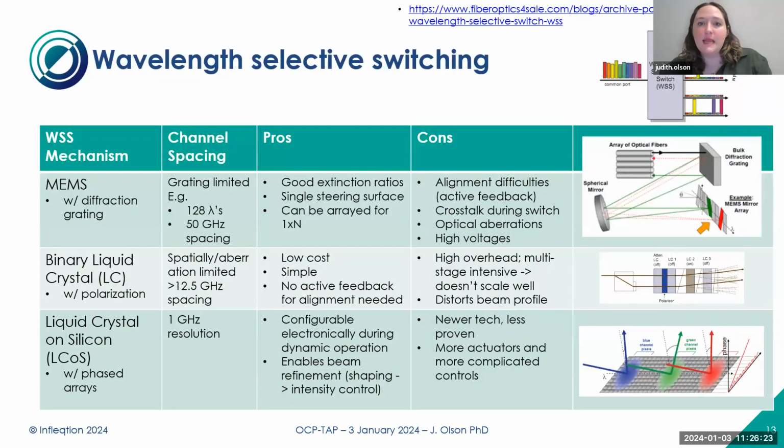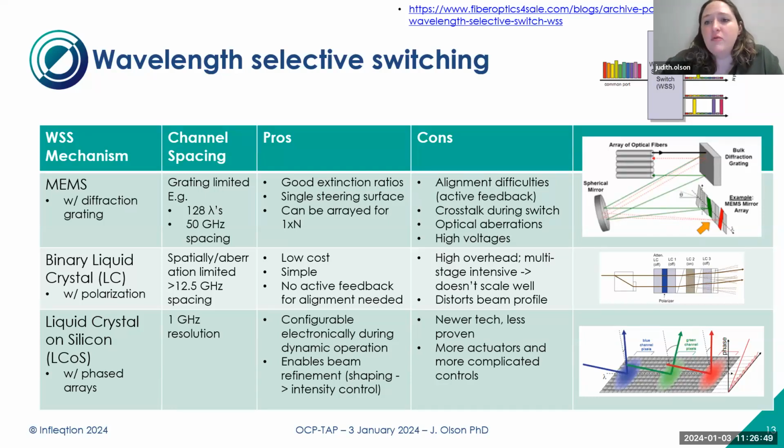So the wavelength selective switching is another aspect of these clocks, where if you want to have 50 to however many thousands of channels of different wavelengths in a single line, you need to be able to split them back apart and individually change the properties of a specific wavelength channel. This is usually done these days with MEMS or liquid crystals. So the most conventional method out there that I've seen is MEMS, where you use a basic diffraction grating.